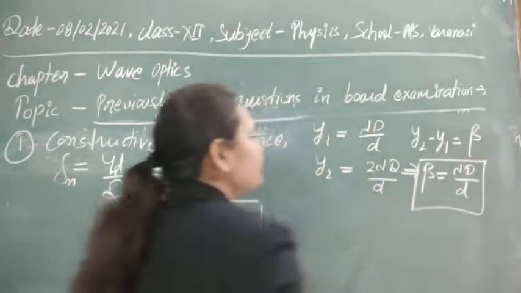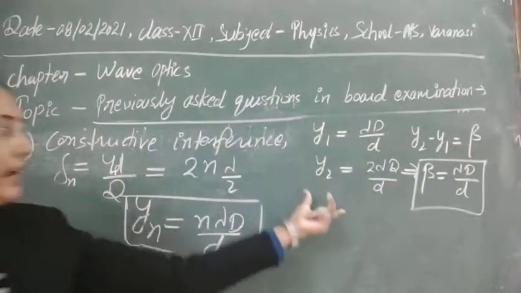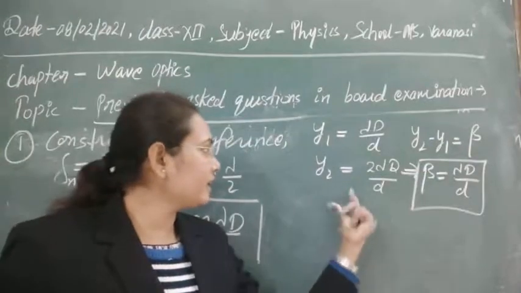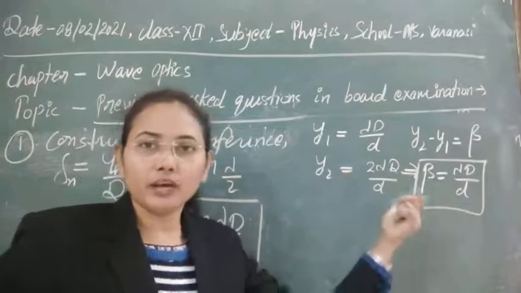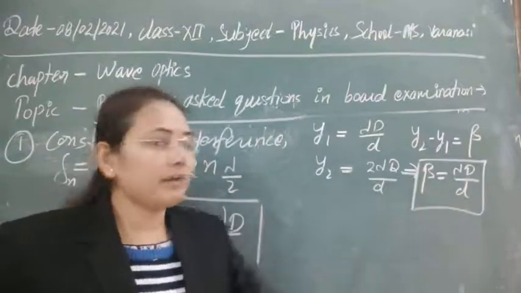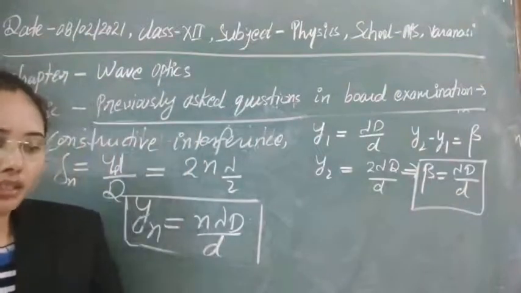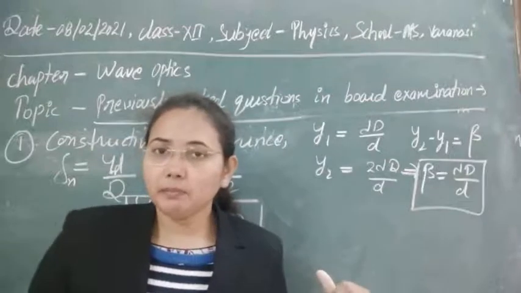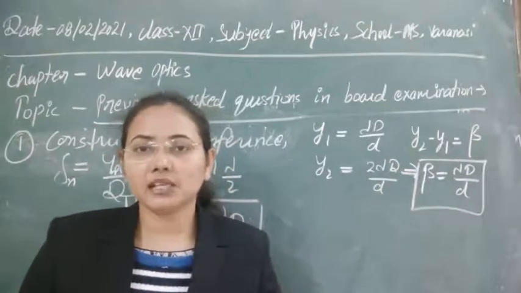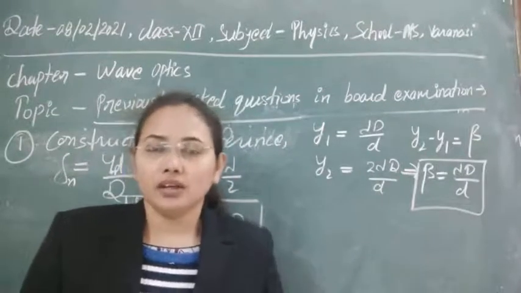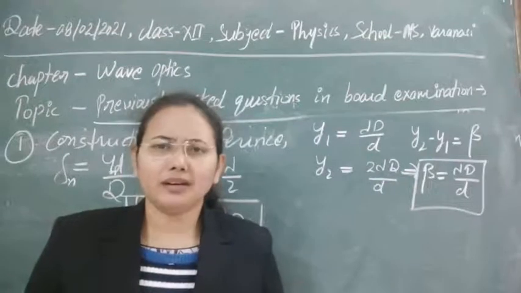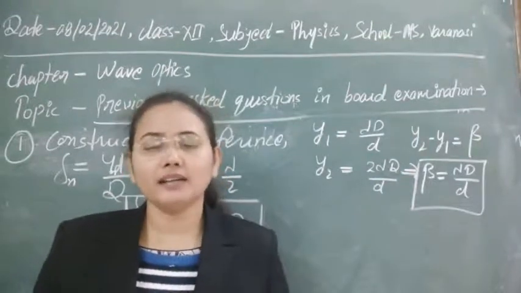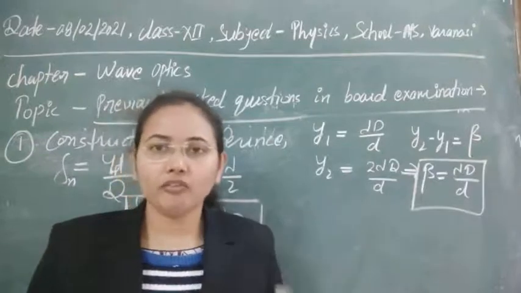So this is the fringe width, and again if you find y3 and take the difference between y3 and y2, we again get lambda D by d. It means that all the bright fringes, or all the maxima, have equal width.